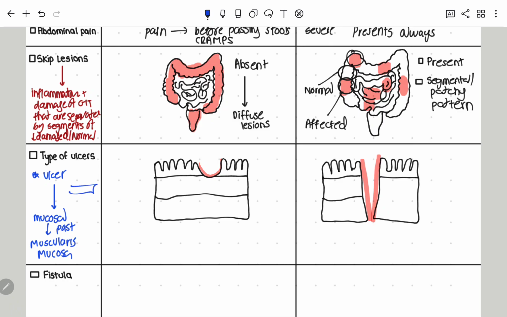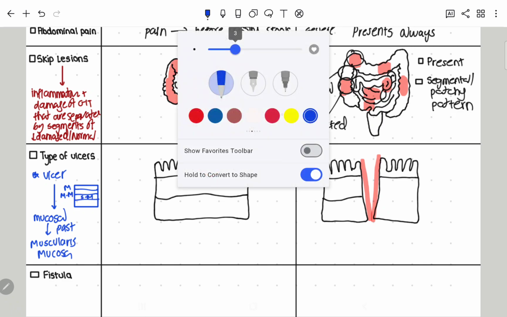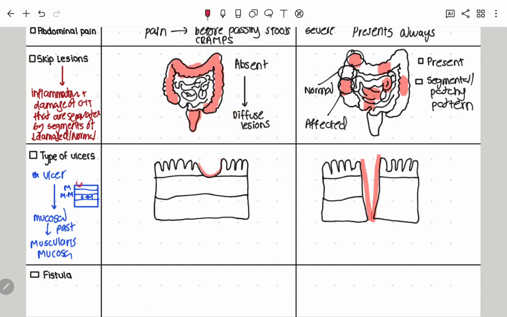And so if I draw a little diagram out here just to explain the difference. Let's say we have our bowel wall. We look at the histological structure. We've got the mucosa, we've got the muscularis mucosa, and then we've got the submucosa. If you have a defect that runs only onto the surface of the mucosa, the surface epithelium of the mucosa, and does not invade past the muscularis mucosa, this is an erosion.